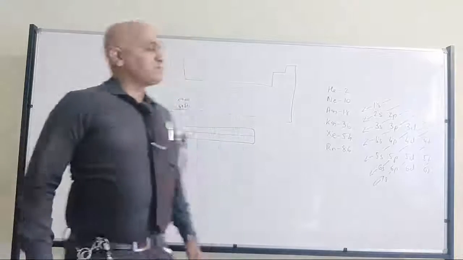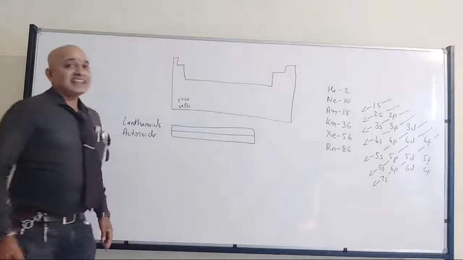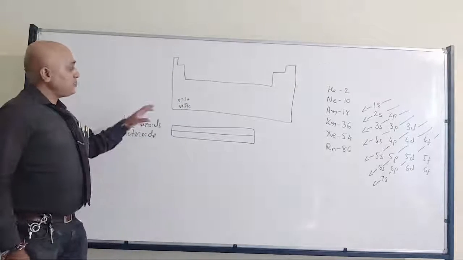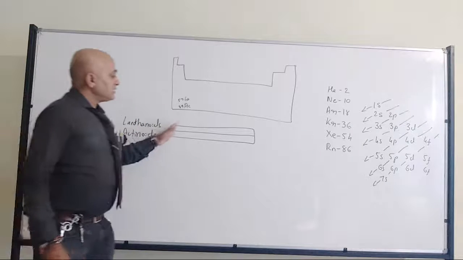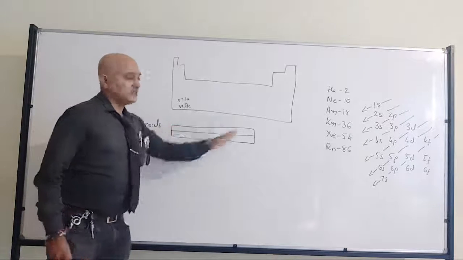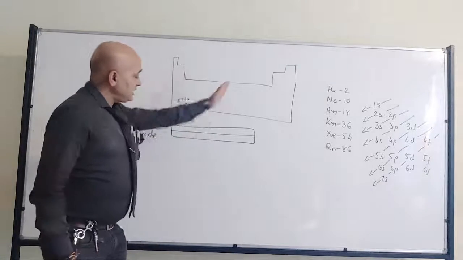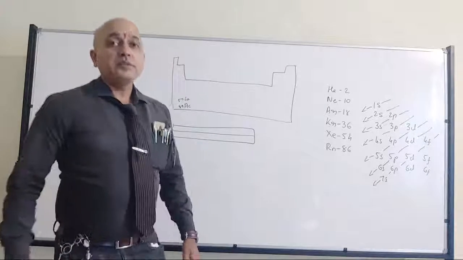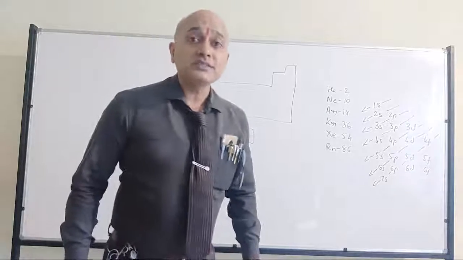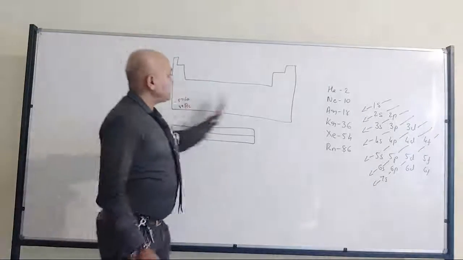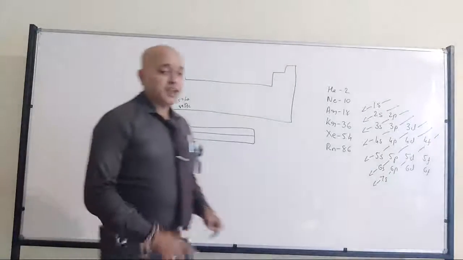Sir, which group? Okay. In reality, they come under the 3rd group only. They have extended that one. They will be in transition elements only. Fine. But to avoid disturbing the shape, otherwise what would have happened?